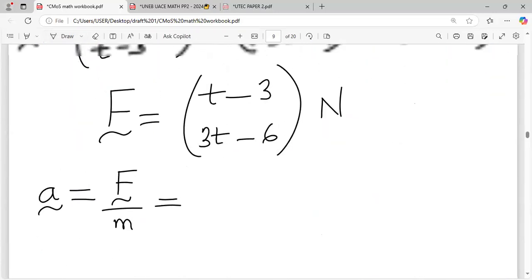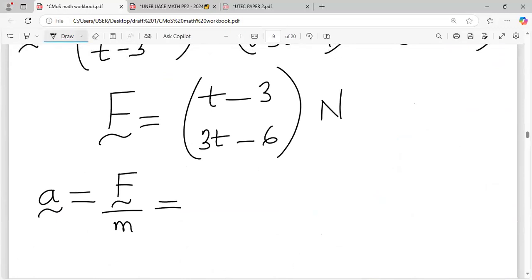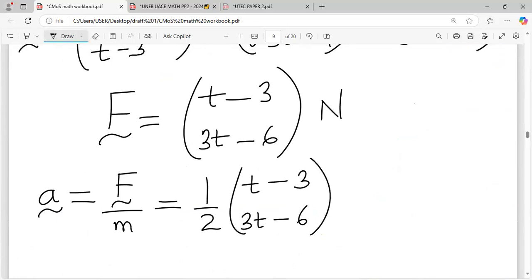But this is a vector, so the 2 kilograms will come as a half of this t minus this, and here this minus 6. Remember, I'm getting acceleration, you understand? So at this point, you may not overdo a lot of things. After confirming that this is your acceleration, you can come and substitute.